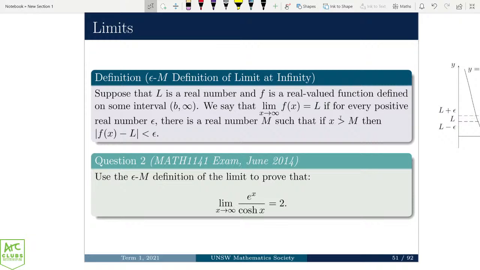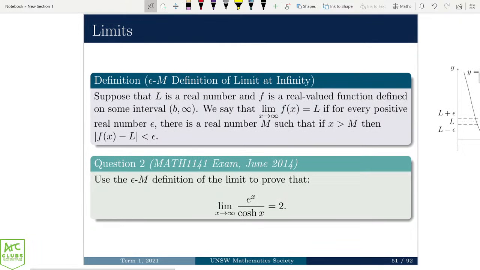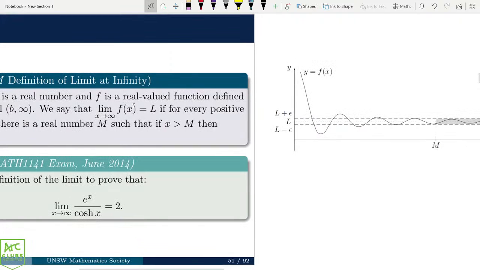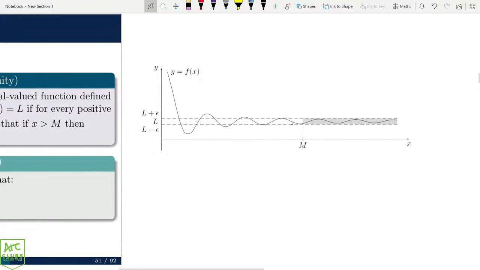So this is a definition that might be a bit harder to understand just by looking at the words. So if you're a visual learner, you can have a look at the diagram over here. So essentially what this definition is saying is that if this particular limit exists, then there exists a real value M such that for all x greater than M, so for all values of x on the right hand side of our M, then our function f(x) will always be contained within these two boundaries.